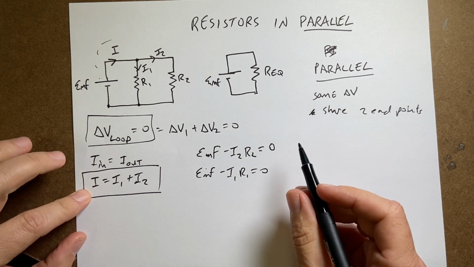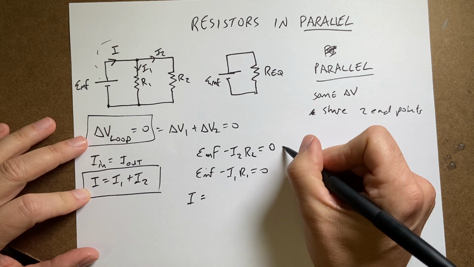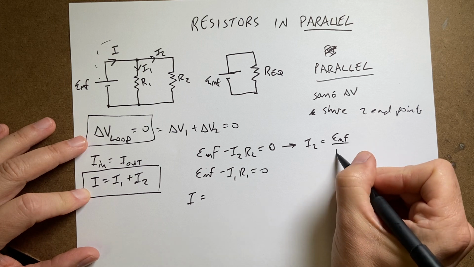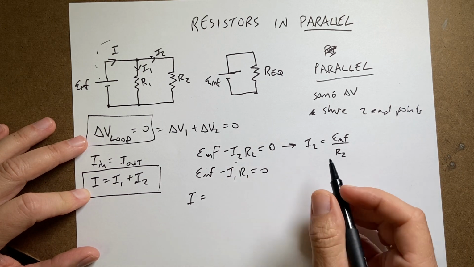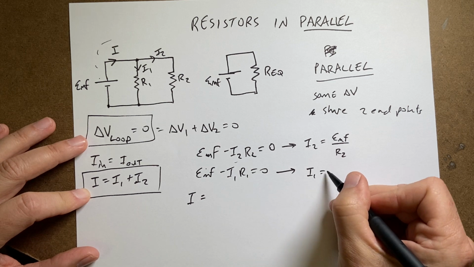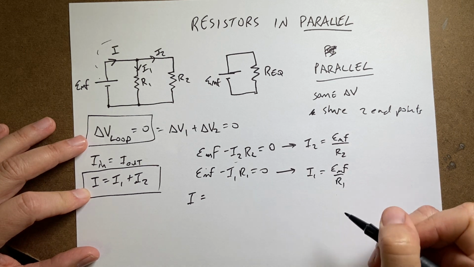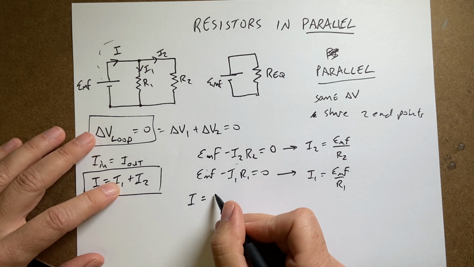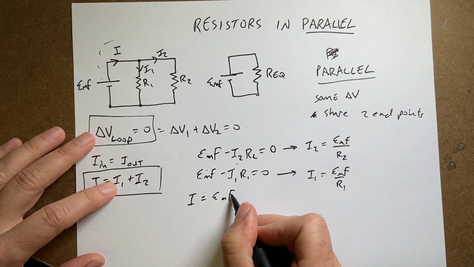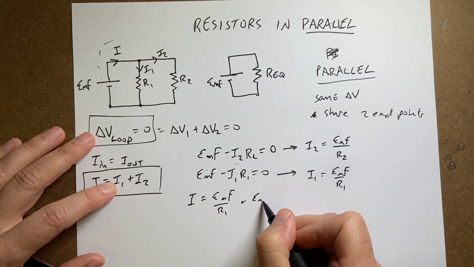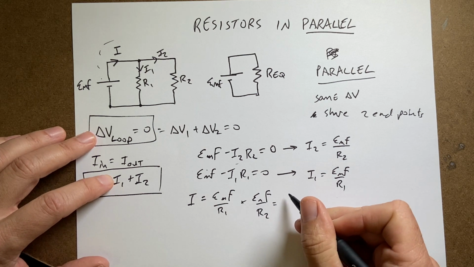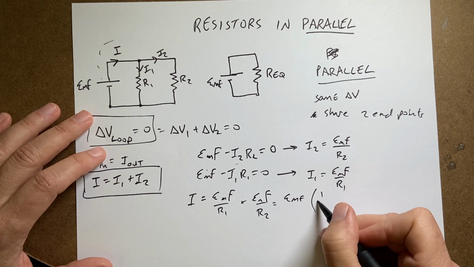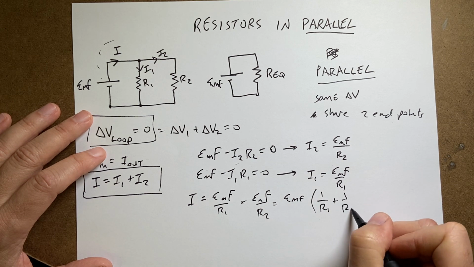So over here, I can say I2 equals EMF over R2, and I1 equals EMF over R1. So if I say I equals I1 plus I2, that's just going to be EMF over R1 plus EMF over R2, which equals EMF times 1 over R1 plus 1 over R2.